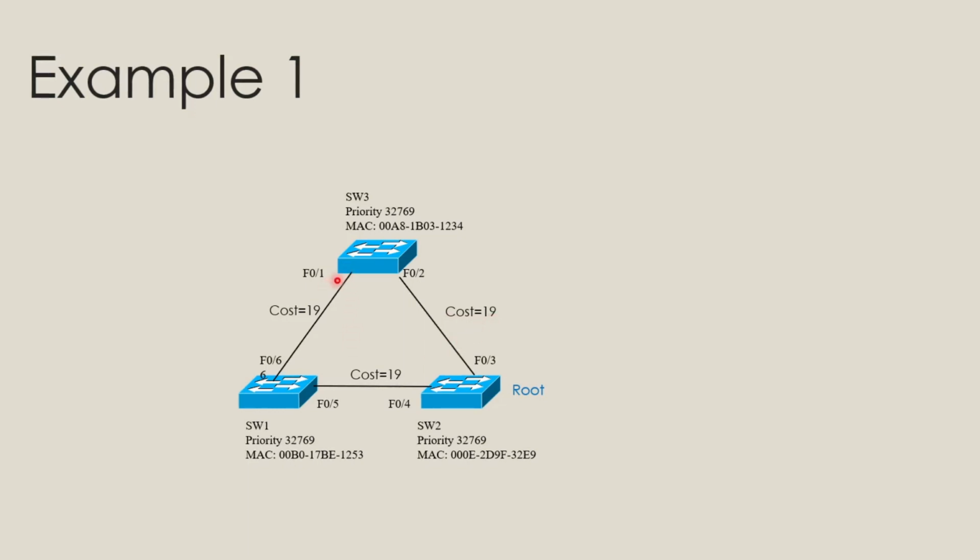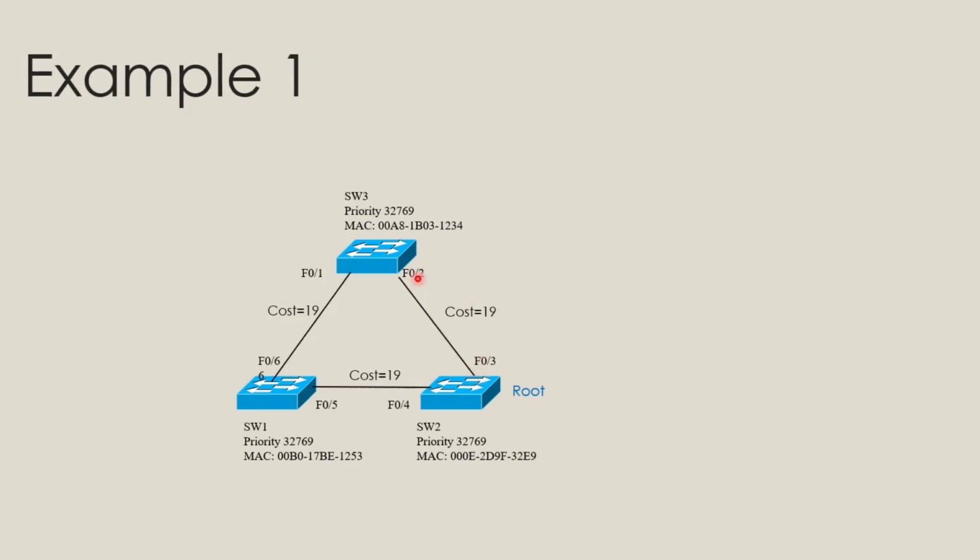And port 1 having a longer journey to the root, the total path cost from switch 3 to the root via port 1 is 38. So obviously, port 2 has the lower path cost to the root. So port 2 becomes the root port.